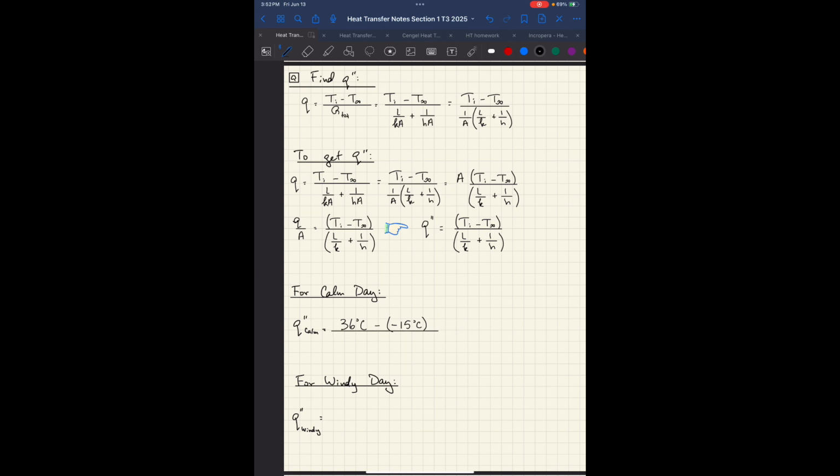L is the thickness of the skin fat layer, which is 3 millimeters. K, the thermal conductivity of the skin, was given to be 0.2 watts per meter Kelvin. And H for the calm day is 25 watts per meter squared Kelvin.